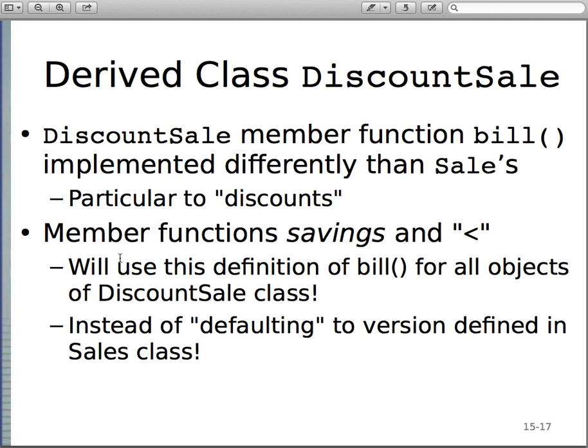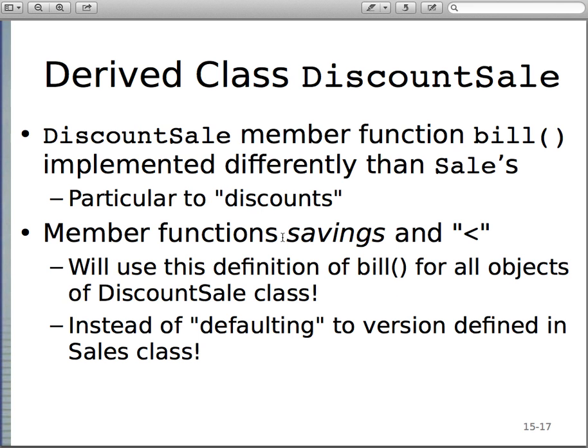So now let's take a look at the savings member function and the less than relational operator. That's our overloaded relational operator less than for these two classes. The discount sale member function bill is implemented differently than the sale member function bill. That is, it has something to compute discounts.